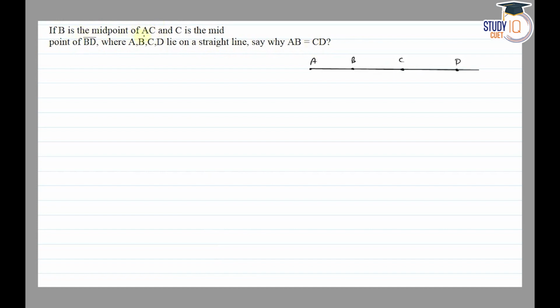So in line segment AC, B is midpoint means AB equal to BC. तो हो जाएगा हमारे पास AB equal to BC because of B is midpoint of AC. समझ equation 1 and second में given है C is midpoint of BD, so BC equal to CD.